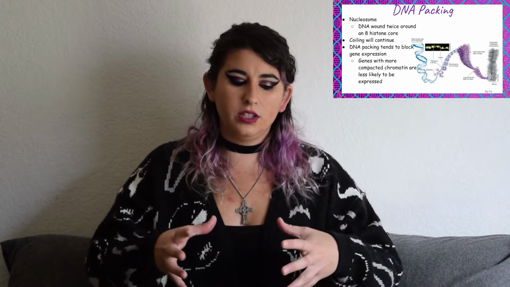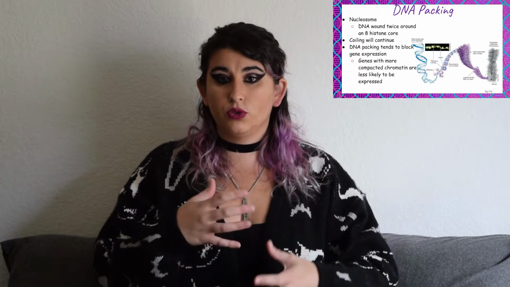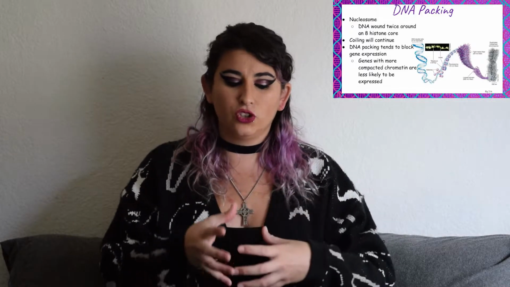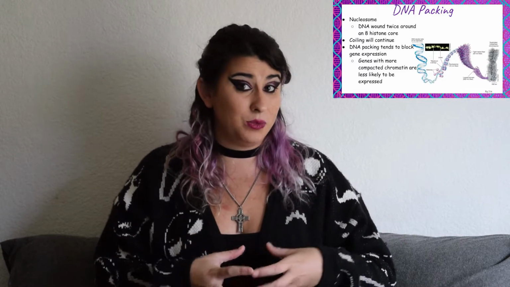So genes within those more compacted chromatin are less likely to be expressed. And as we can see here, this is just kind of a bigger picture of what we saw in the previous 2 slides, with the DNA wrapping around those histones, forming the nucleosomes and continuing to coil and form the chromosomes.